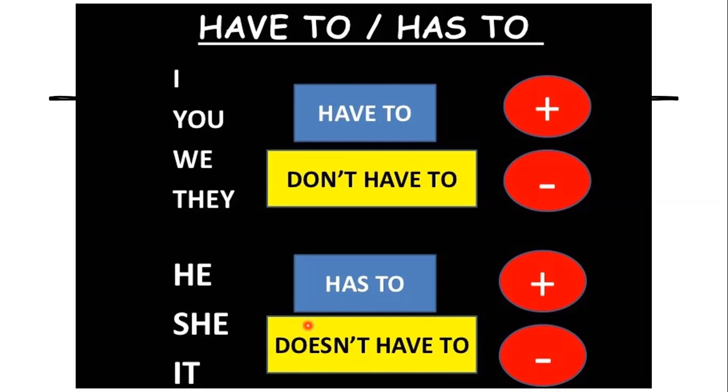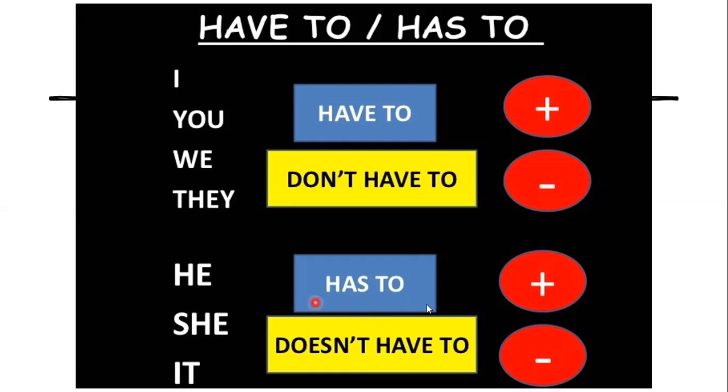I'm going to give you some examples. He has to go to the park to play football, okay? It's also an obligation. But when we are talking about negative, she doesn't have to bake a cake today, okay?